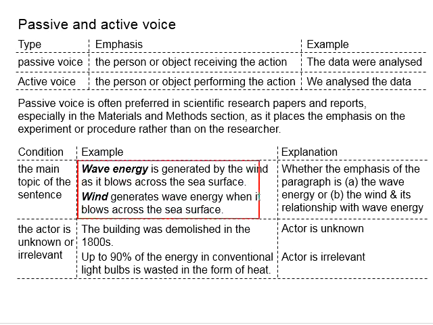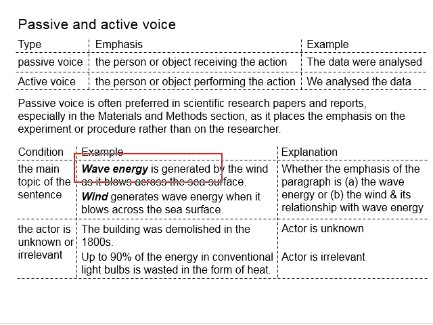If you look at both examples here, it is as if they are referring to the same thing. At least both are talking about the wind that generates wave energy when it blows across the sea surface. However, when they are constructed differently in the mode of the passive and active voice, now the emphasis is different.